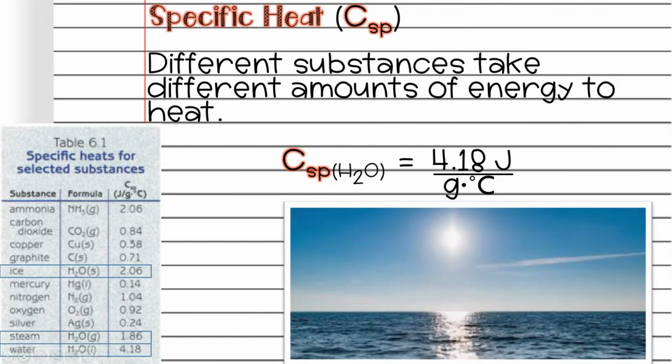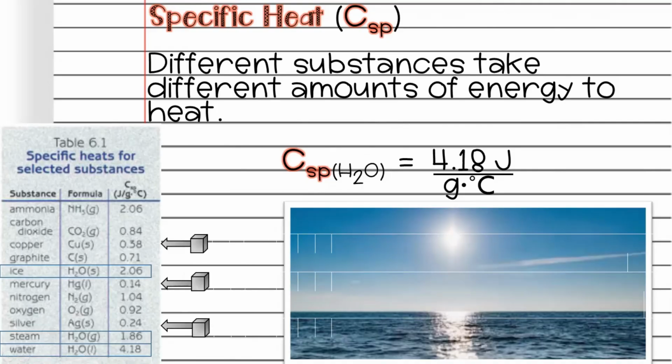Some charts might have water and then just the gas and the solid, but they tell us that ice is the solid, and steam is the gas here. So the specific heats for ice and steam and liquid water are all very different. So make sure you get the right phase before you write down the number.